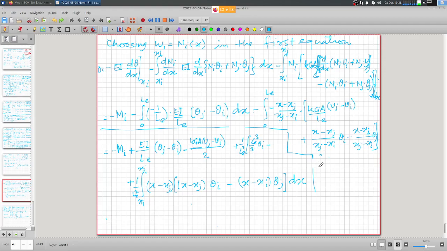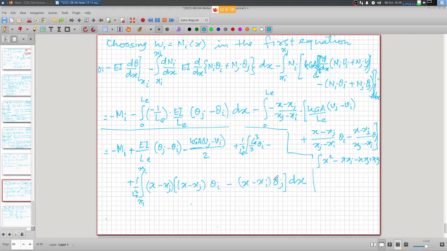So the integral of this product, so what is this product? x square minus x xi minus x xj plus xi xj, right?